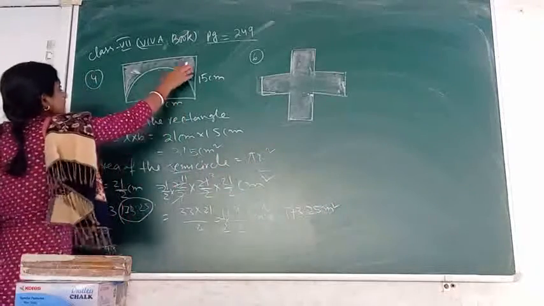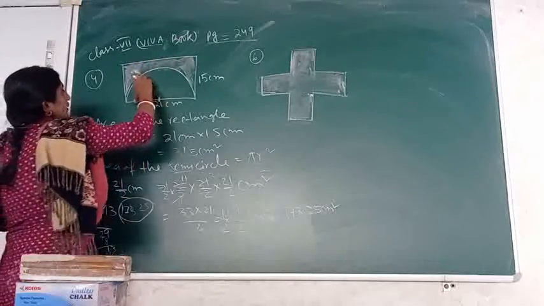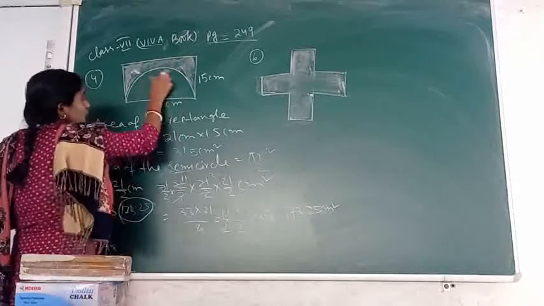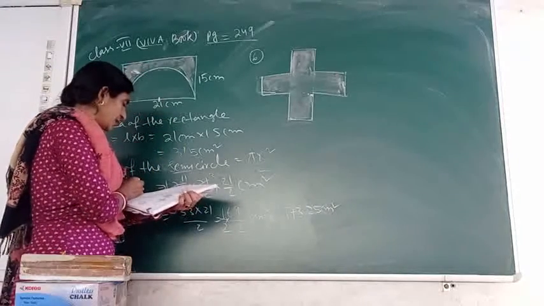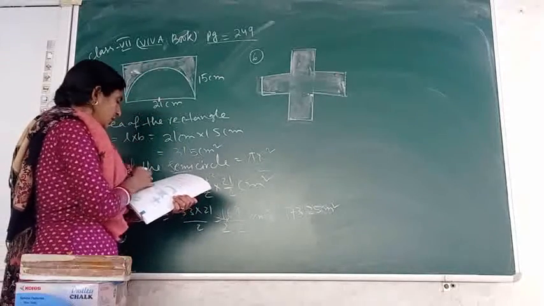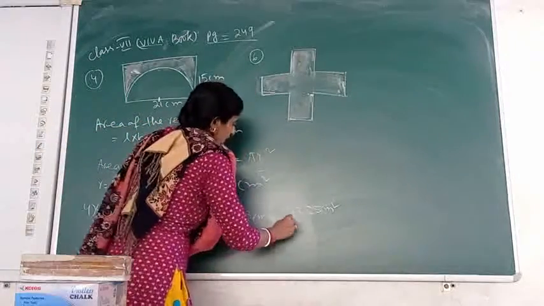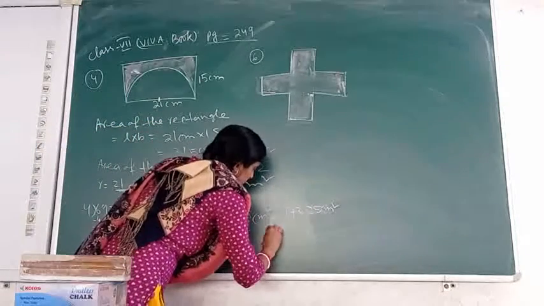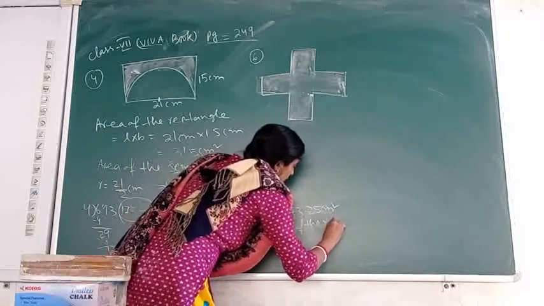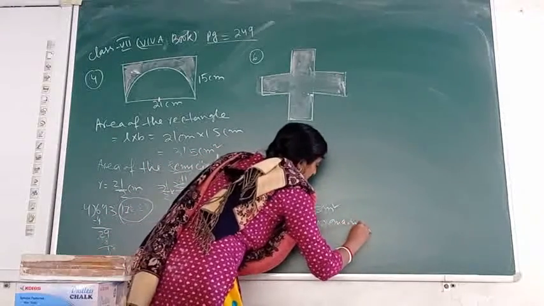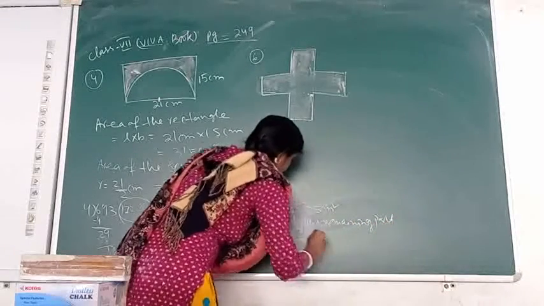Now you are asking for that shaded area. So what we will do? Definitely from this rectangle I will remove this one. That means I will subtract this one. So here the area of the remaining part equal to, how much it will be?